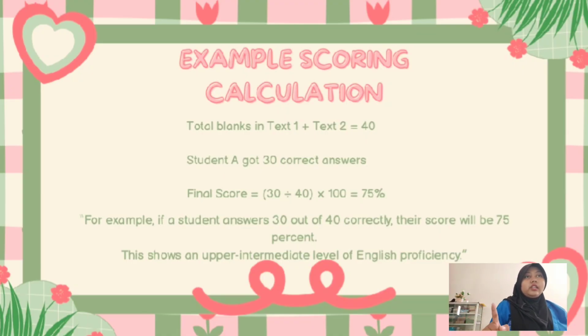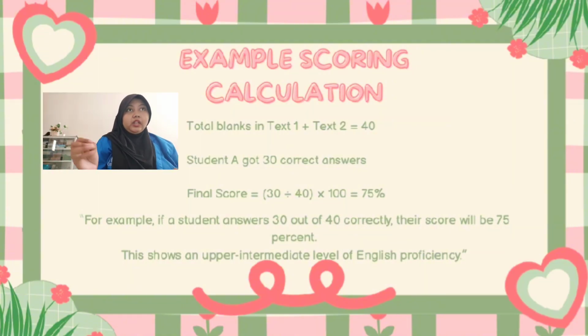Formula: 30 over 40 times 100 is 75%. Student A.